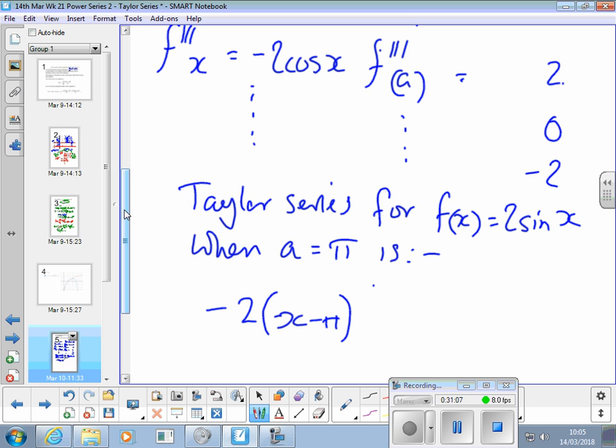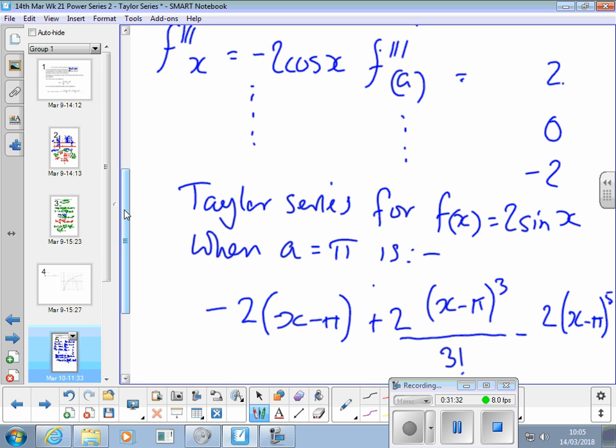So the next term is +2 x minus pi to the power 3 over 3 factorial. -2 x minus pi to the power 5 over 5 factorial. That's 3 non-zero terms.